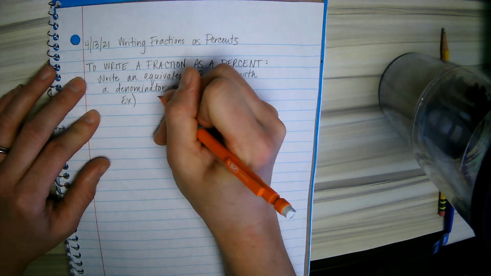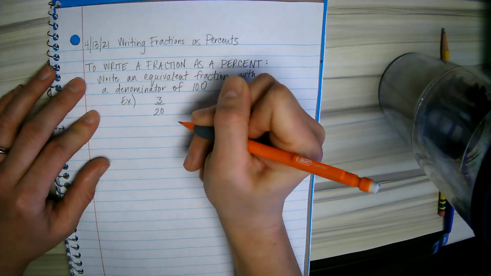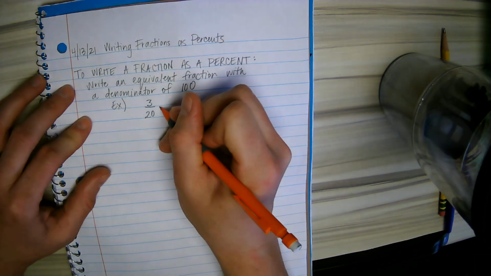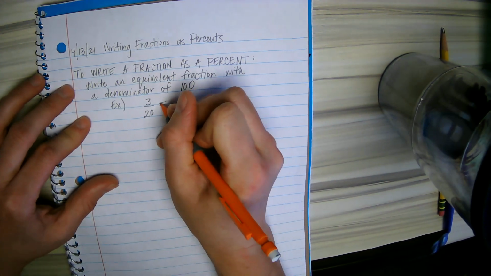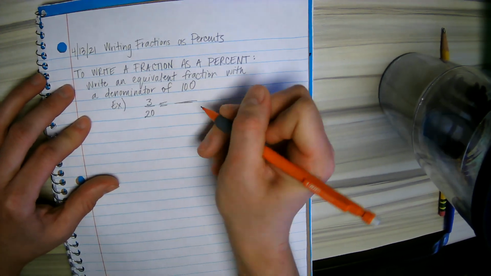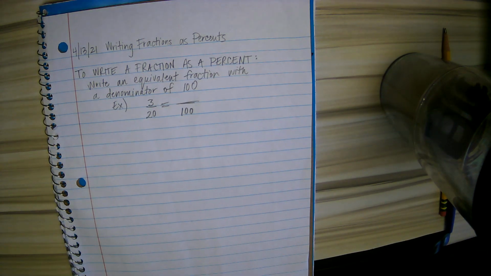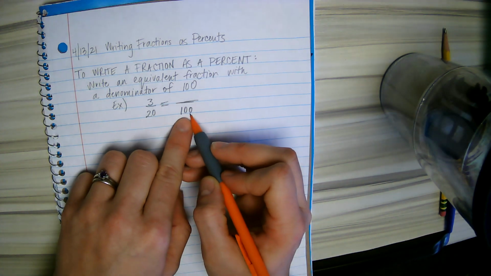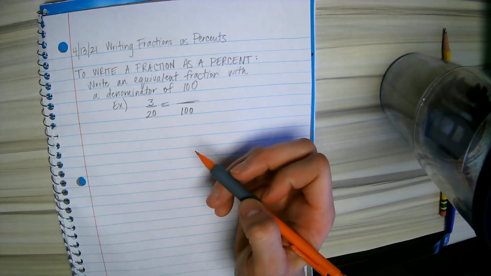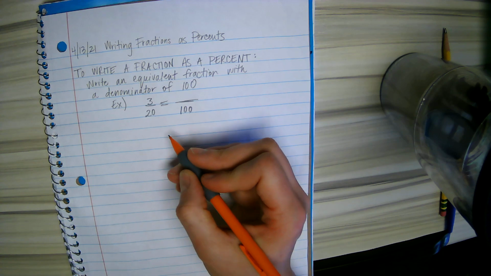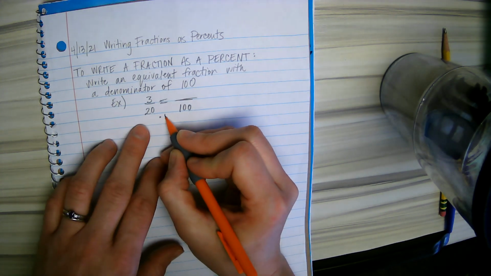So if I have 3/20, I want to write an equivalent fraction, so something that's equal to, with a denominator of 100. Okay, so 20 times what, or 100 divided by 20 was what? We had to multiply the 20 times 5.